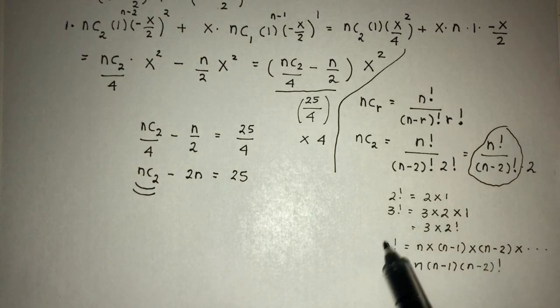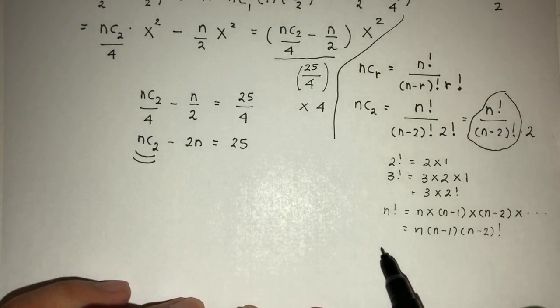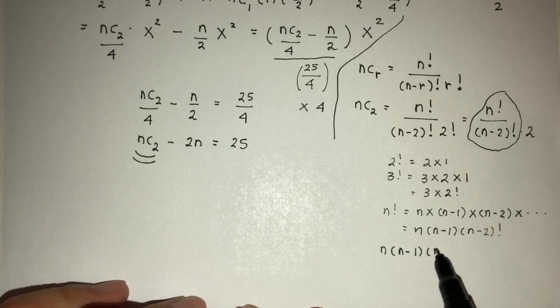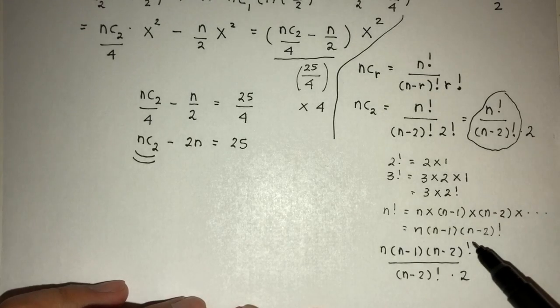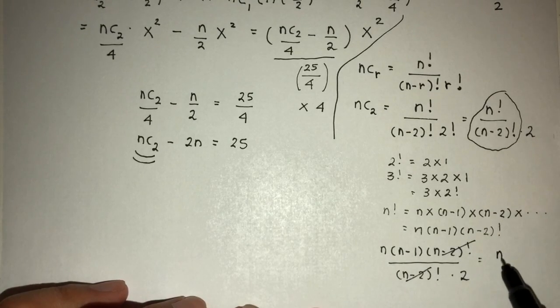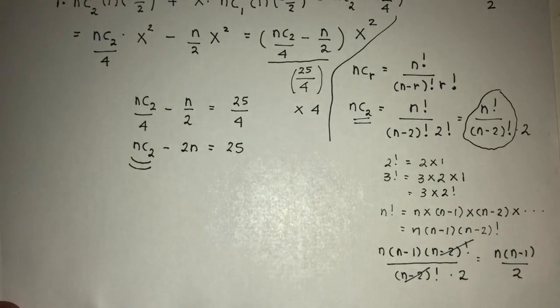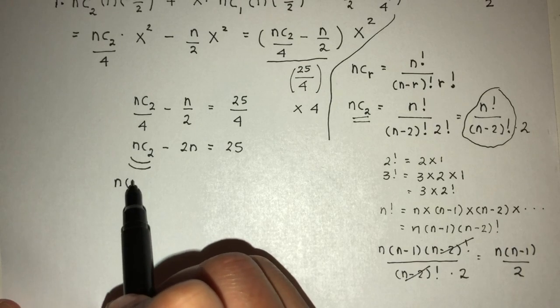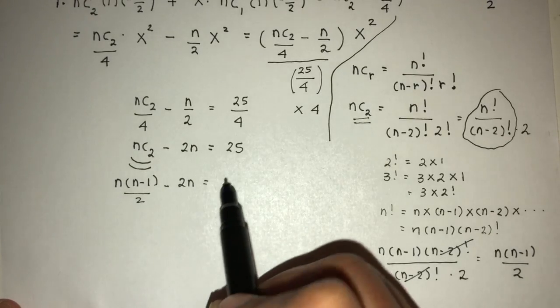So if I replace this by this on top, you can see that you will have n times this times n minus 2 factorial over n minus 2 factorial times 2. So these two cancel out. So you will have n times n minus 1 over 2. So basically this whole thing here becomes this one. Okay? Replace back in your equation, you will have n times n minus 1 over 2 minus 2n equal to 25.